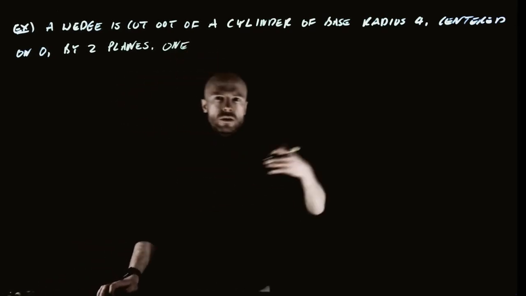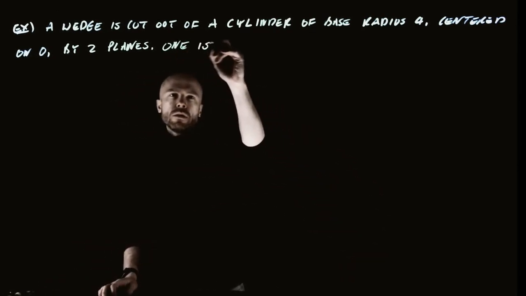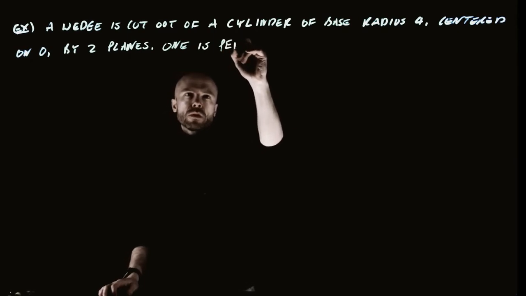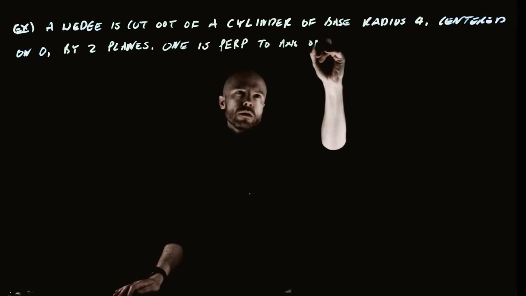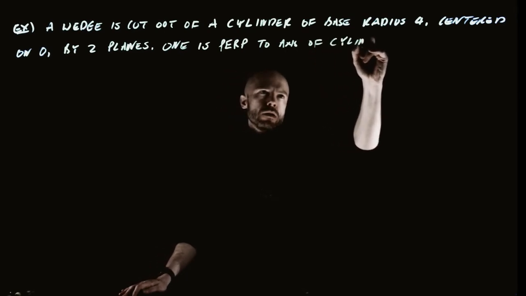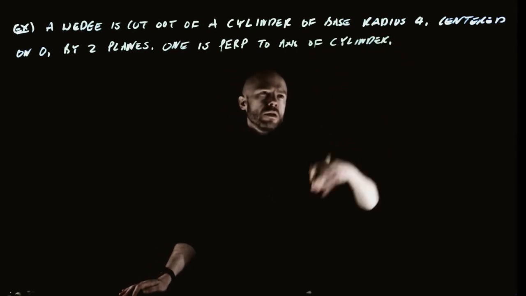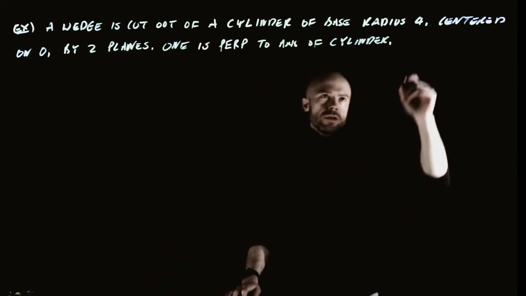One is perpendicular to the axis of the cylinder. The other intersects it with an angle of 30 degrees.